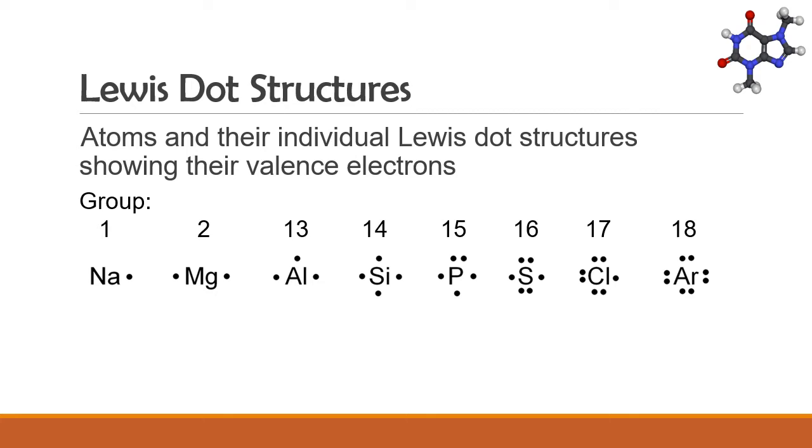Group 2 elements like magnesium have 2 valence electrons. Groups 3 to 12 elements have varying numbers of valence electrons. Group 13 elements like aluminum have 3 valence electrons, and so on until group 18 elements like argon, which have 8 valence electrons.